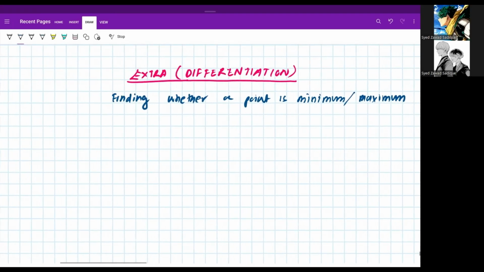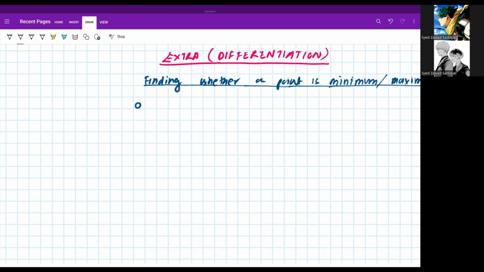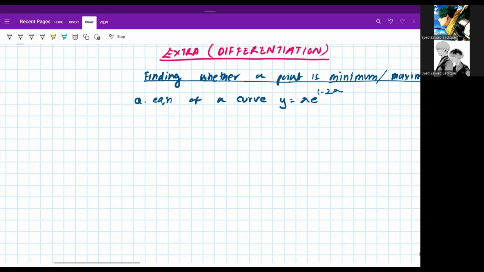Now we know. So let's say a question. Okay, question. Let's say it's given the equation of a curve y equals x e to the power 1 minus 2x.